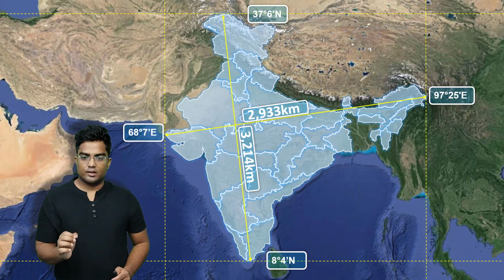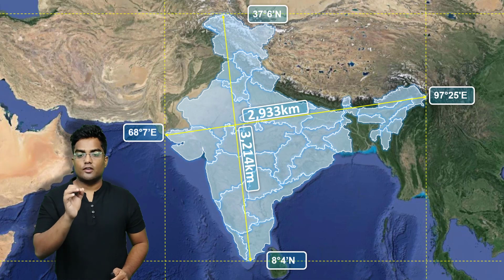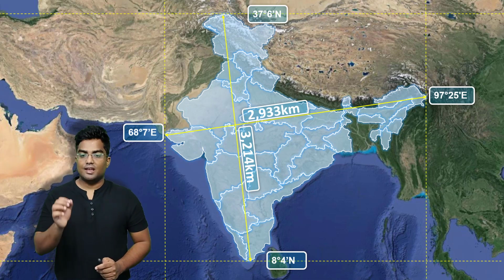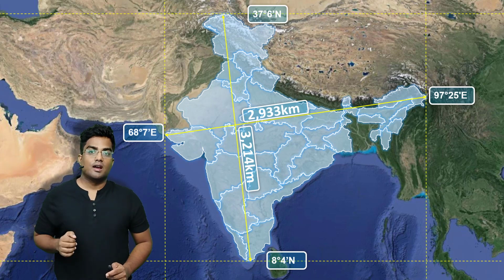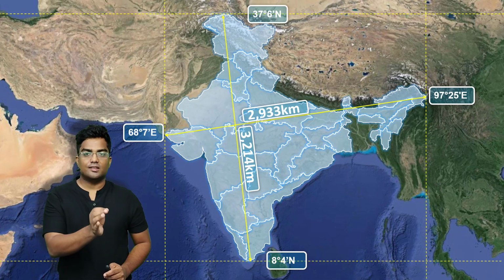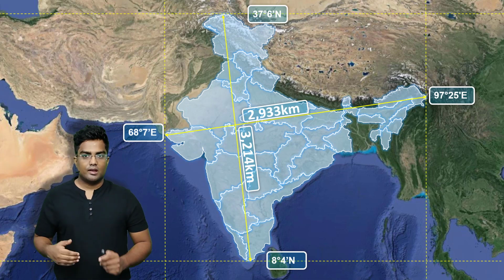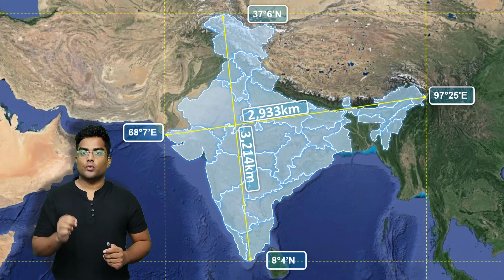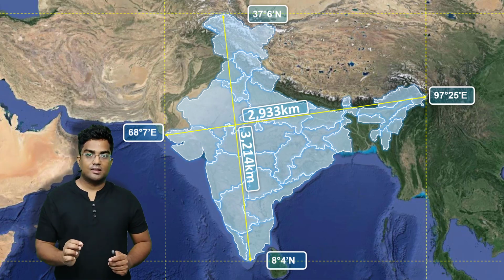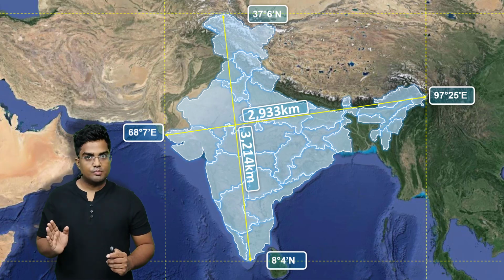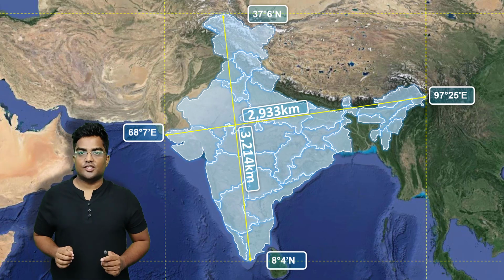The distance between the northern and the southern extreme is 3,214 kilometers, whereas the distance between the eastern and the western extremity is 2,933 kilometers. Now, if you come to a conclusion, it means the distance between the northern and the southern extremity is significantly higher than the distance between the eastern and the western extreme.